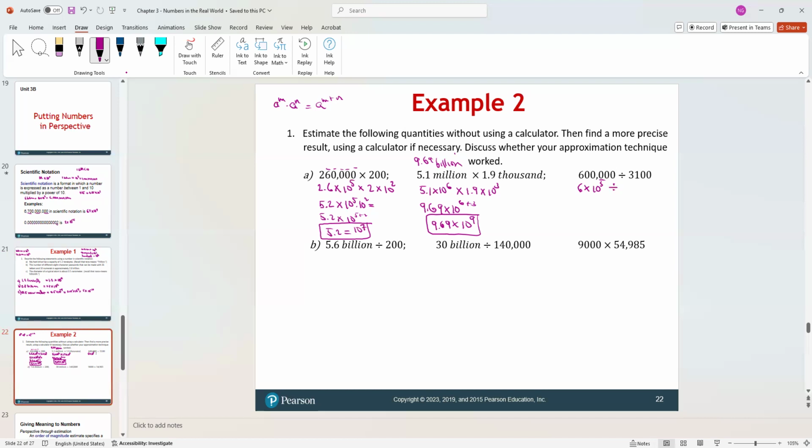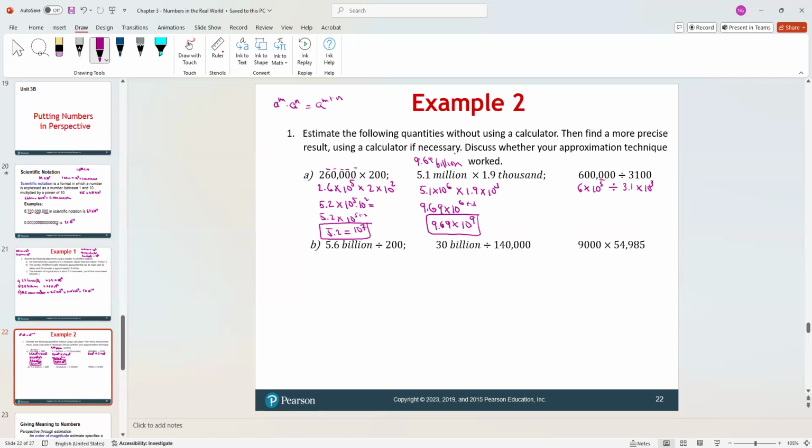Divided by 3.1 times 10 power 3, sorry, because that's 3 digits. It's a 1 with 2 zeros, so that's 3 digits.